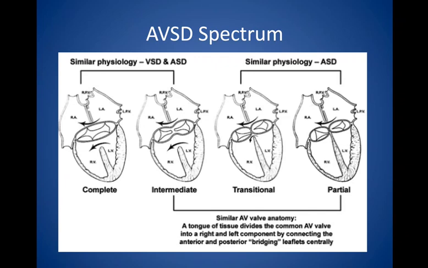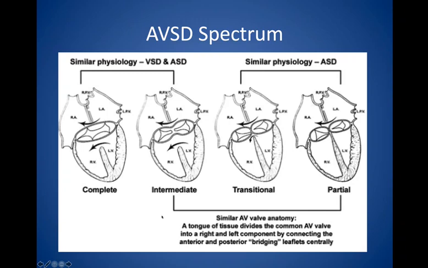In terms of the transitional defects, they're a form of partial AVSDs. Again, you have a small inlet VSD, but typically the leaflets of the AV valve effectively close that VSD component, and so you end up having physiology similar to the ASD.